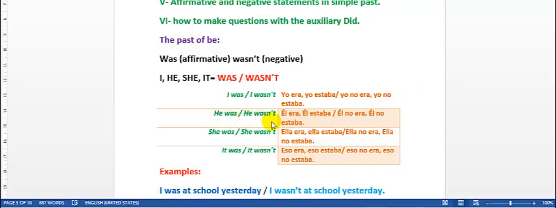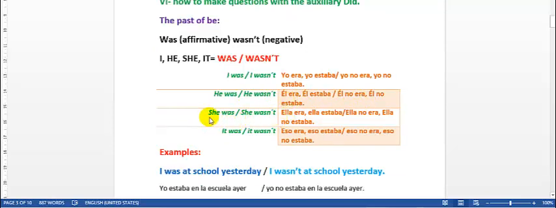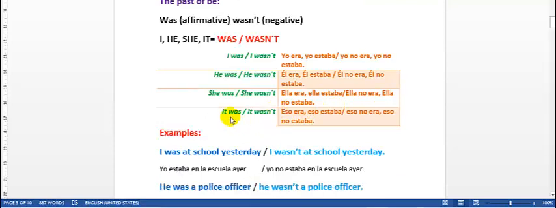He wasn't, él no era, él no estaba. She was, ella era, ella estaba. She wasn't, ella no era, ella no estaba. And the last one, y la última, it was, eso era o eso estaba. It wasn't, eso no era, eso no estaba.